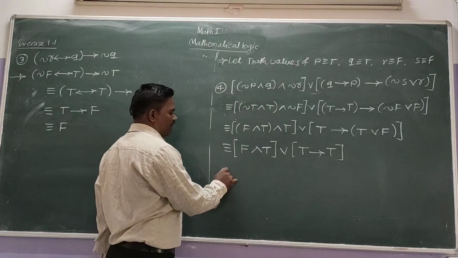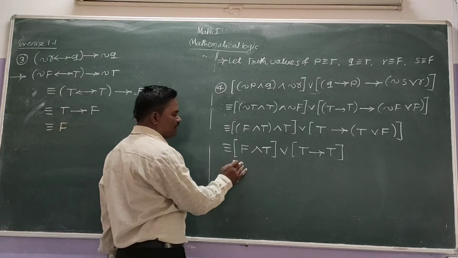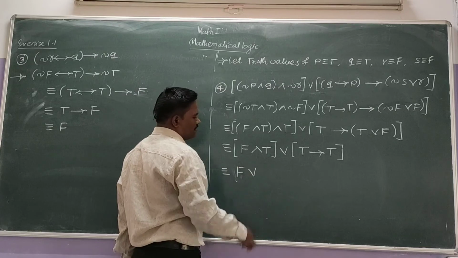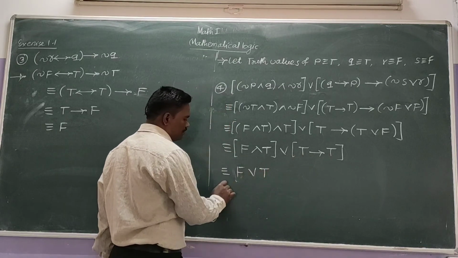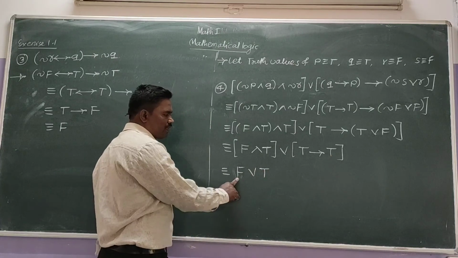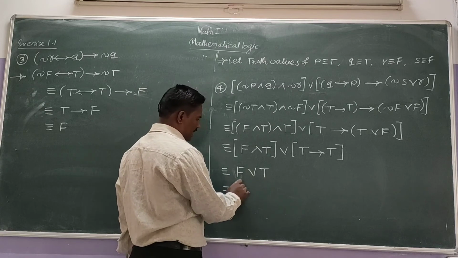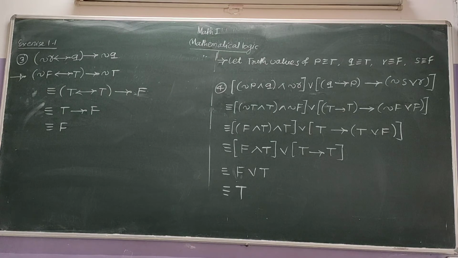Which is equivalent to false conjunction true, which is false. Disjunction true implies true, that is true, which is equivalent to false disjunction false, and false disjunction true is true. Some remaining examples are for you to solve at home.